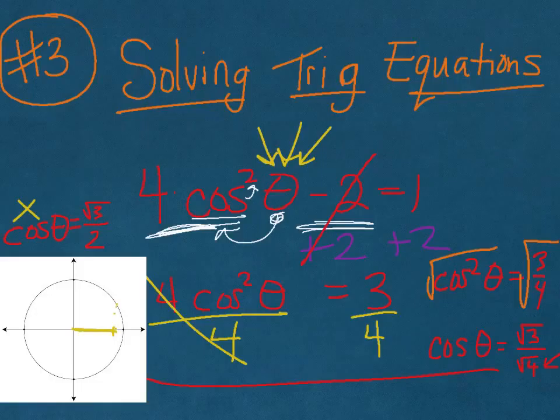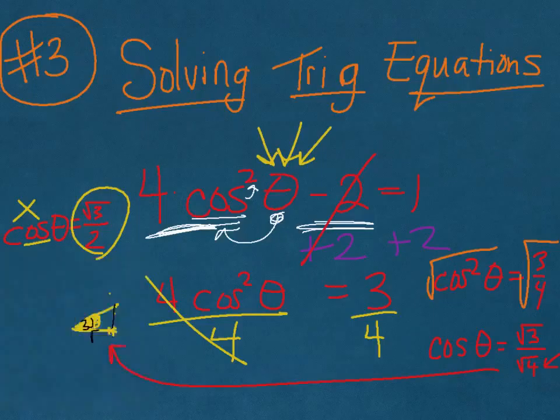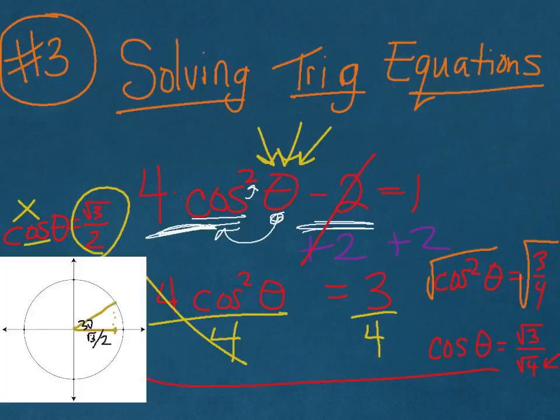So what's the point on the unit circle at that value? If my x value is root 3 over 2, I know that this is a 30-degree angle. And if you don't believe me, we're just sketching, get out your special right triangle. If the cosine value is that, we know it's a 30-degree angle.